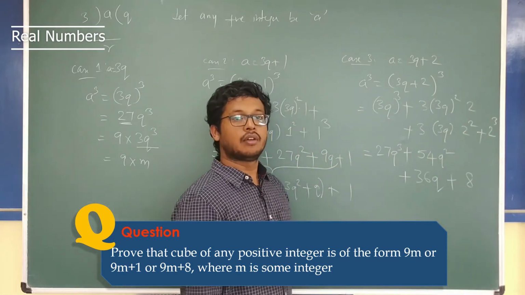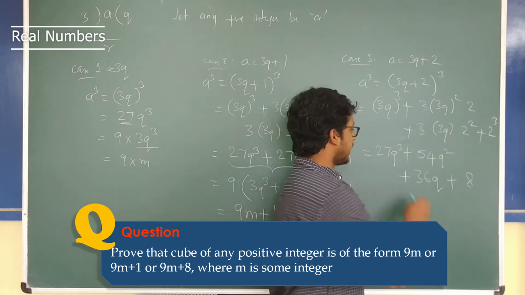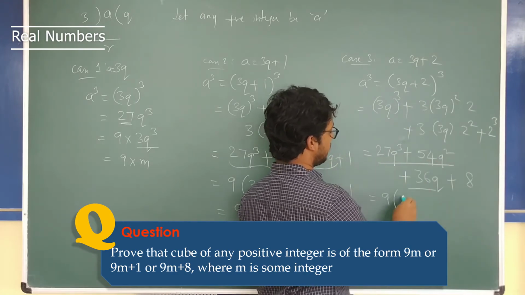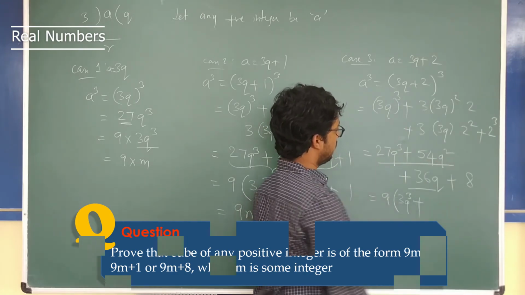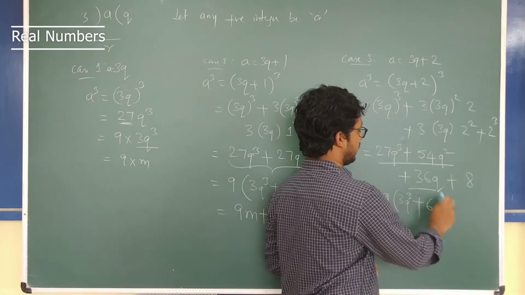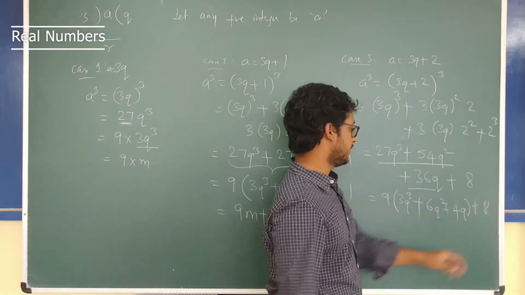Now we want it in the form 9m plus 8, so plus 8 I already have. You can take 9 outside in all of these, so here it remains 3q cube plus 6q square plus 4q, plus 8 as it is.